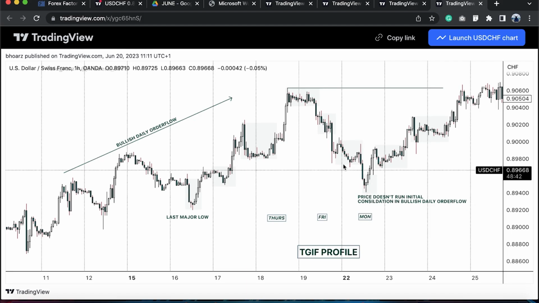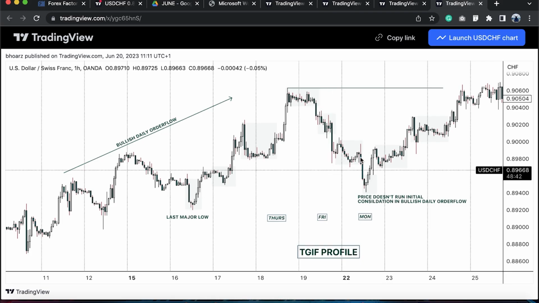But because daily order flow is bullish, we don't expect the market to run out the initial consolidation or the initial low, which is down here, because we're looking for a bullish order flow. So majority of the time, when you have a market maker sell model inside a daily bullish order flow, it is going to be incomplete.